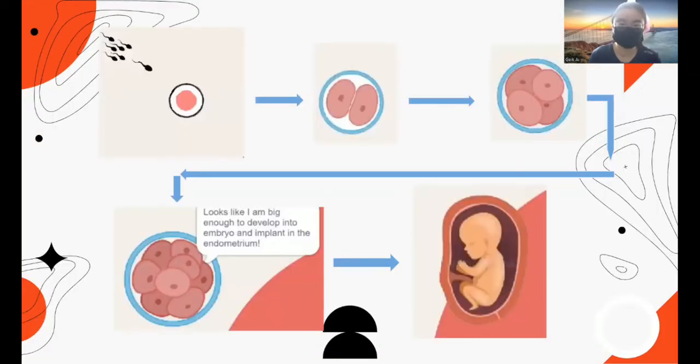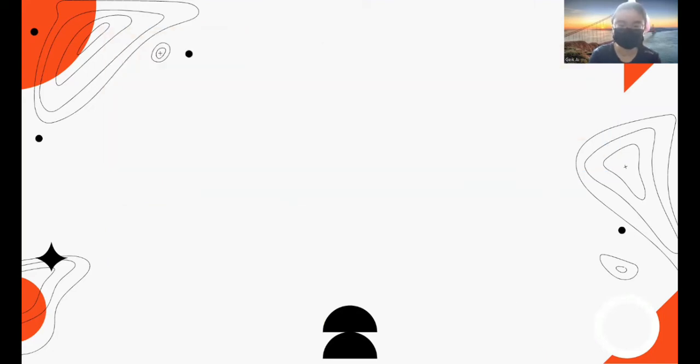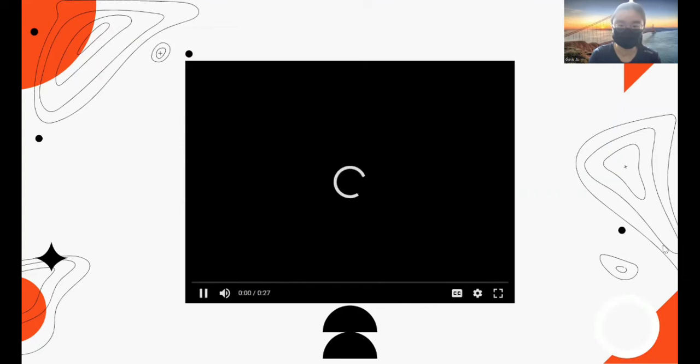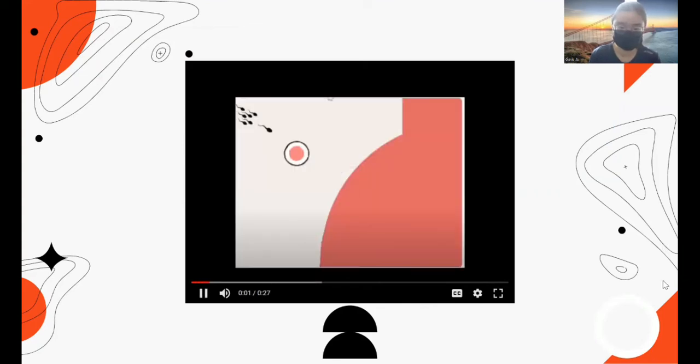These are the diagrams I improved. The first one, the fertilization process. The second one, the 2-cell phase, and then the 4-cell phase, and then the embryo phase, and finally the implant phase. And these are examples of the video.